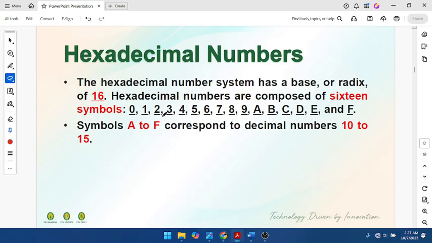From 10 to 15, they are represented by A to F. So 10 represents A, 11 represents B, 12 represents C, and up to 15 represents F. Let's count this: 1, 2, 3, 4, 5, 6, 7, 8, 9, 10, 11, 12, 13, 14, 15, and 16. So we have here a radix of 16.